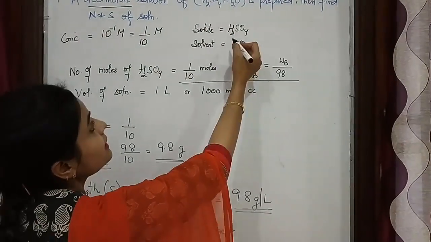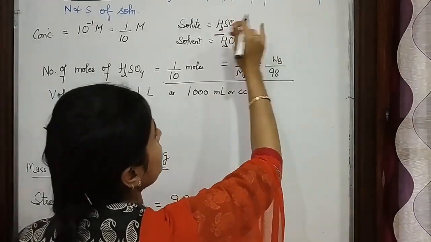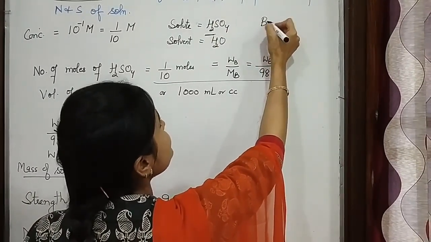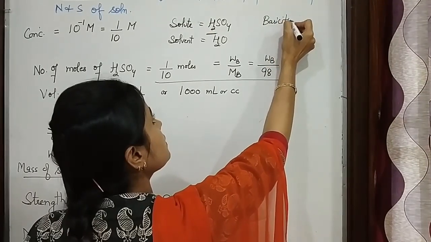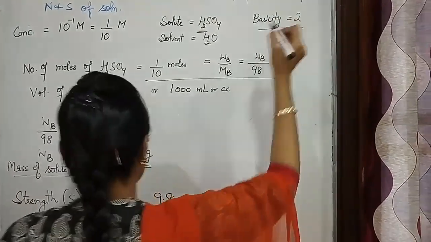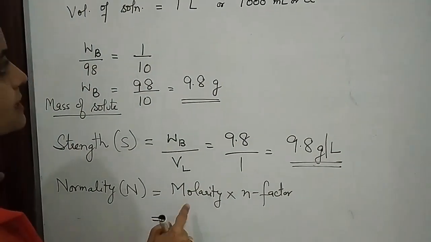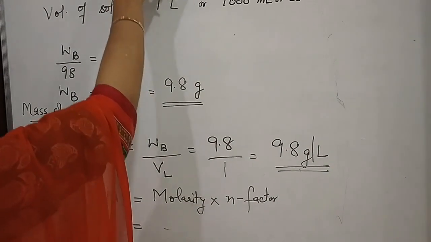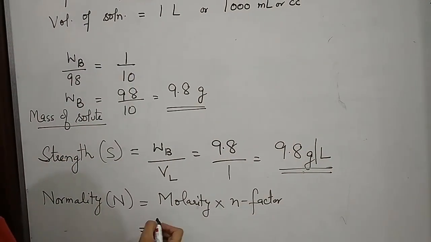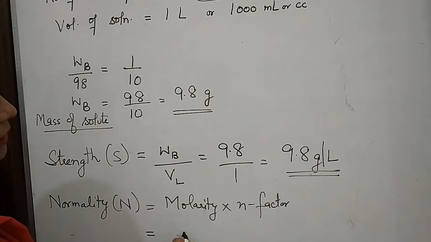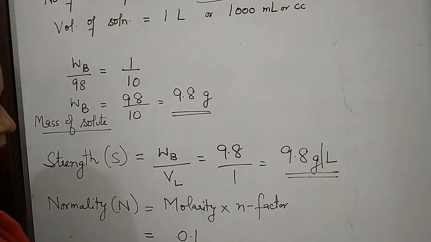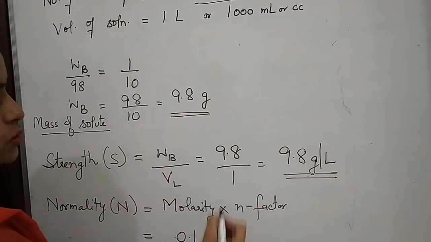Since in this case we have 2 H, its basicity is 2. That means normality is equal to molarity, which is given as 1/10 or 10 raised to the minus 1, or you can write 0.1 molarity, into N factor 2.